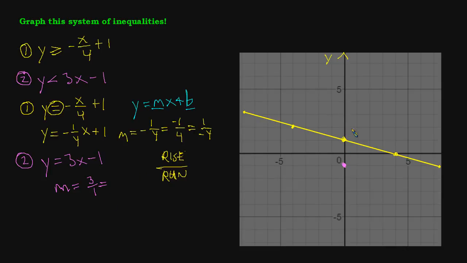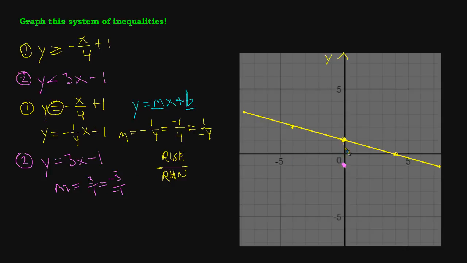We can rise 3 and run 1, and rise 3 and run 1, and we'll be fine. But in some cases where you only see this much of the graph down here, it might be handy to realize that this slope could also be written as -3 over -1, because -3 divided by -1 is also +3. Anyways, we're going to go with the slope of rise 3, run 1.